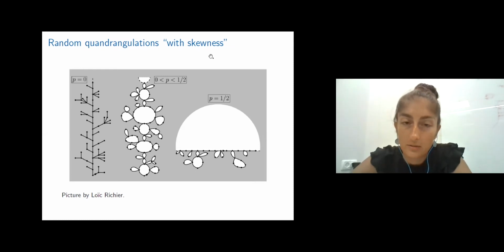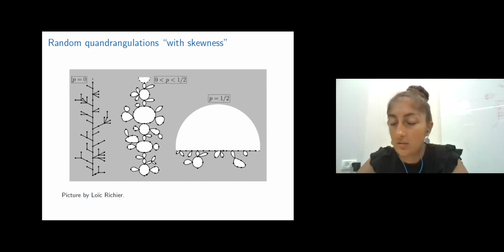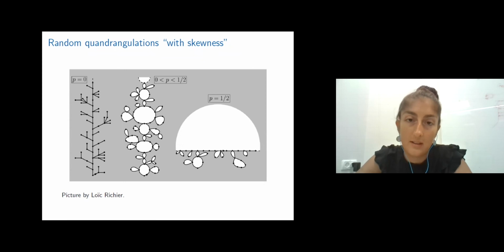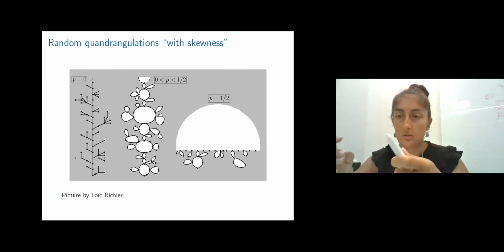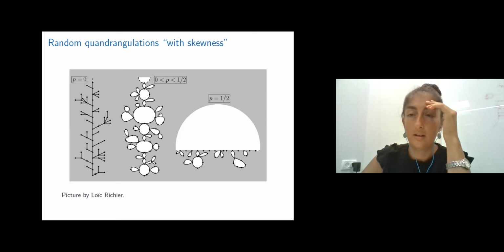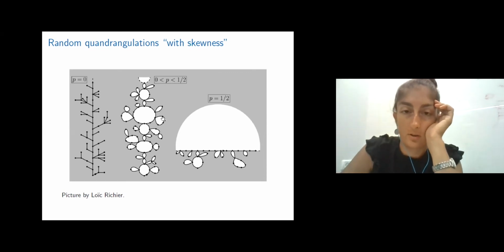But you can actually force the boundary length to somehow grow linearly with the number of faces. And this gives you a new class of maps. And this P gives you the parameter. So if you have n faces, then you want to condition the boundary to have a length, I think, a function of P times n. It's not exactly P, but it's a function of P.